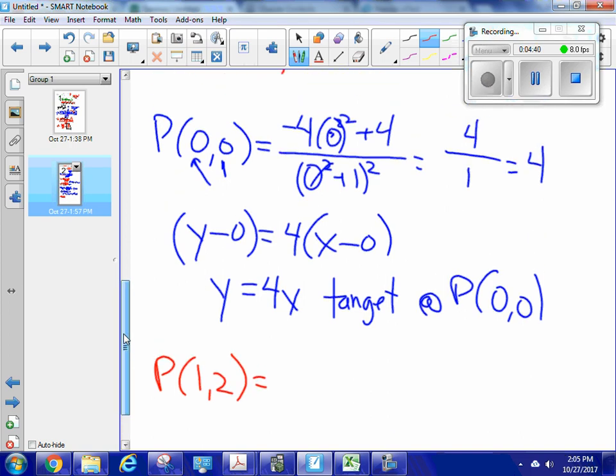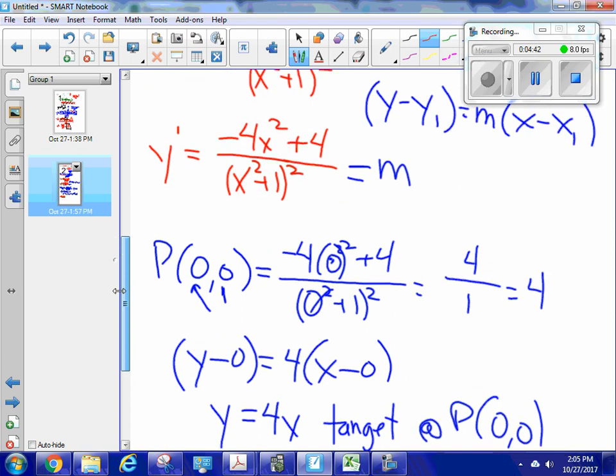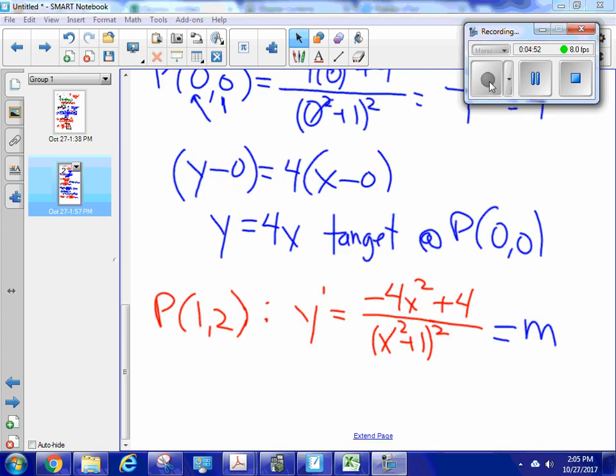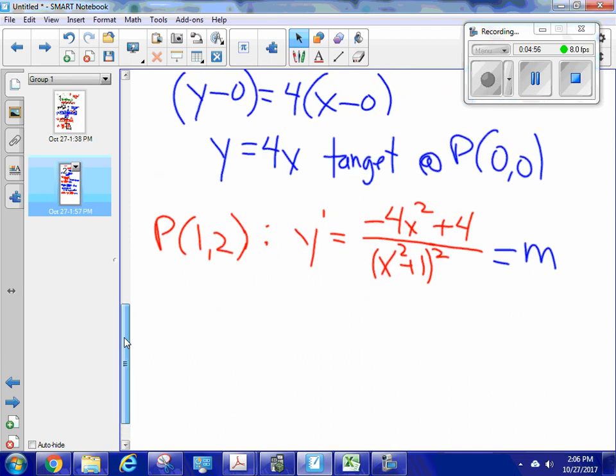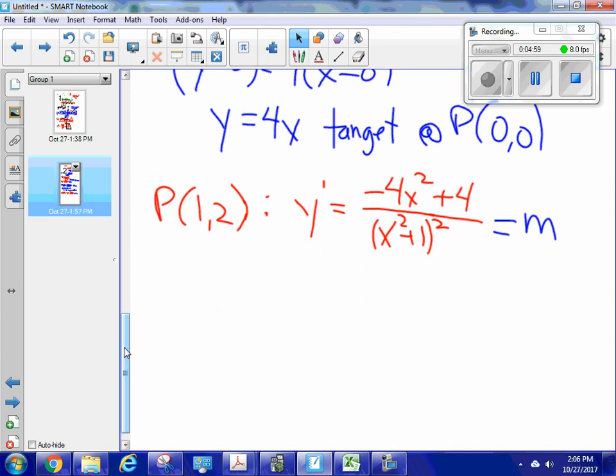Well, I'll go back to my equation right here. Here's my equation for the slope. I want it for the point (1, 2). So I know that my x value is 1.